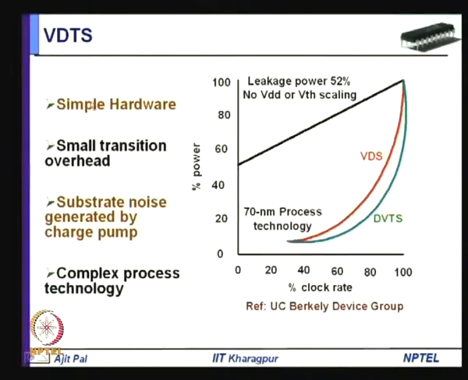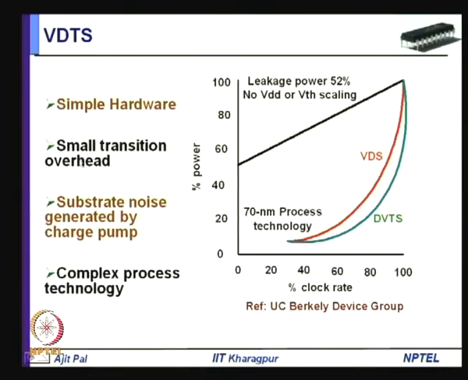The only thing you have to do is change the threshold voltage by controlling the body bias of the circuit, and the reverse body bias can be increased using a technique known as charge pump, to reduce leakage power. The hardware that you require is simpler compared to the DVS approach.